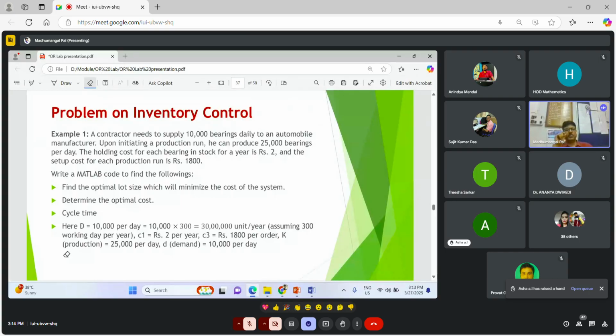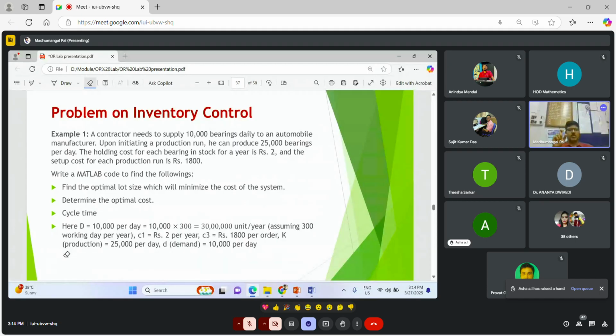So inventory control is a very big, very interesting research area. At this moment in India, more than 500 researchers are working in this area, and throughout the world you can find 3,000 or 4,000 researchers working on inventory control or inventory management systems.